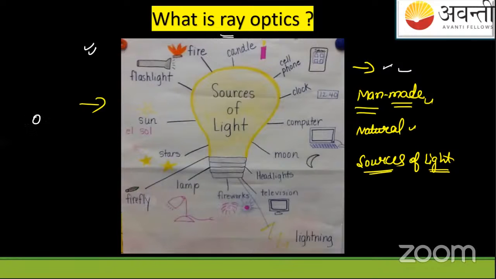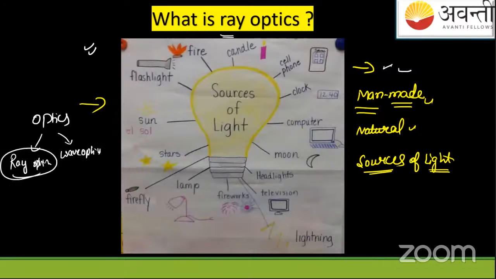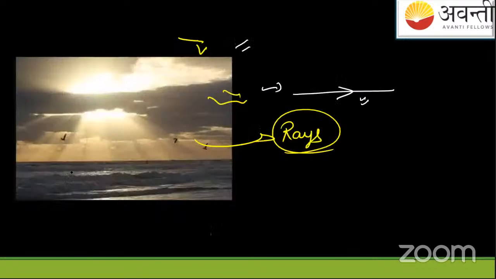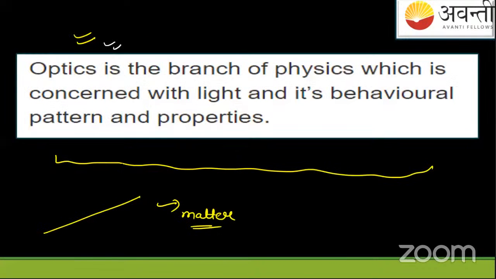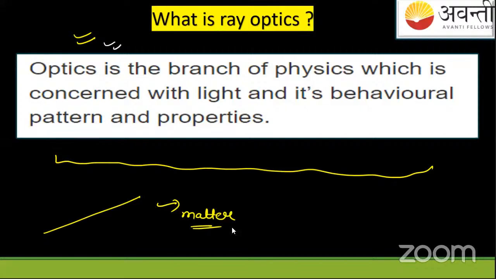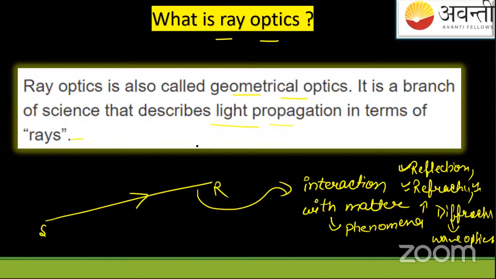Optics is the branch of physics divided into two: ray optics and wave optics. But for now we are studying ray optics. Then we understood the complete meaning of the definition of ray optics: we study light as a ray, its interaction with matter, and phenomena like reflection, refraction and all these things.